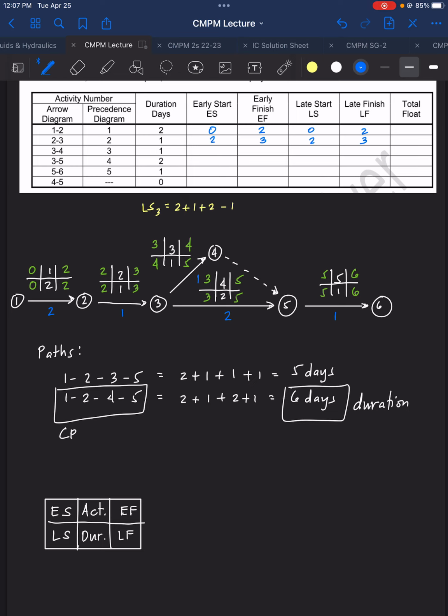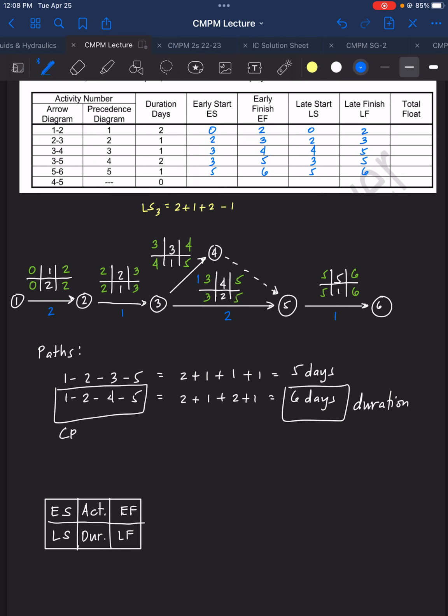For activity 3, we have early start as 3, early finish as 4, late start as 4, and then late finish 5. For activity number 4, we have here early start 3, early finish 5, late start 3, late finish 5. For activity 5, we have here early start, early finish, late start, and then late finish.